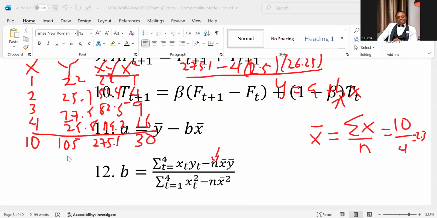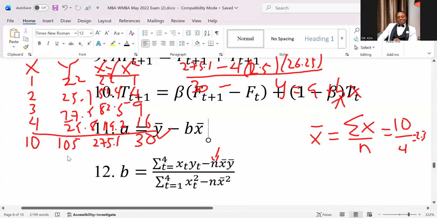Denominator, the first one is the sum of x squared. The x squared we already know. The sum of it is 30. So you write the 30, which is this one down here. Then minus n, the sample size, which is 4.